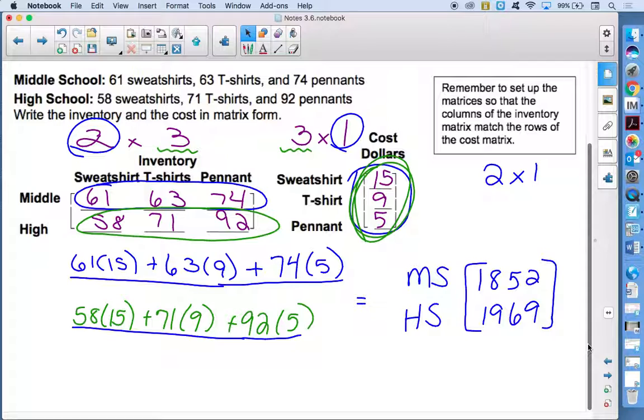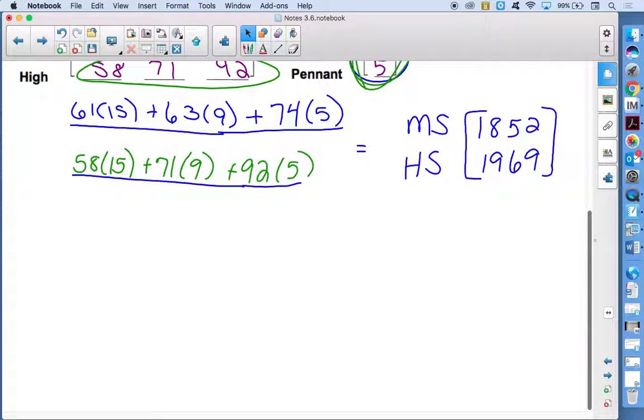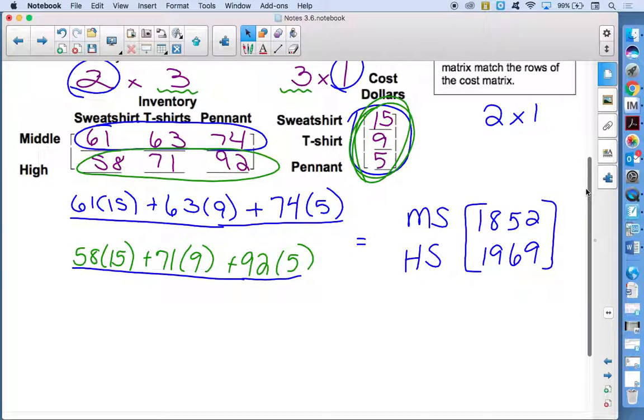So what do these numbers represent? Sarah? Total cost. And if it's a word problem and you're talking about total cost, your units should be dollars.